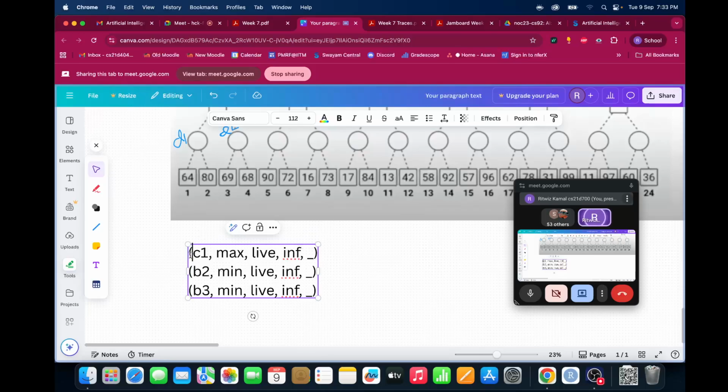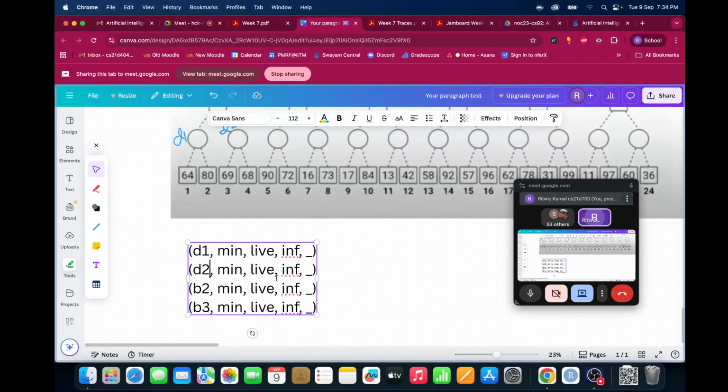So C1 will get popped out and D1, which is a min node, will be added, and D2, which is a min node, will be added. Okay, so this is what the queue will look like at this point.